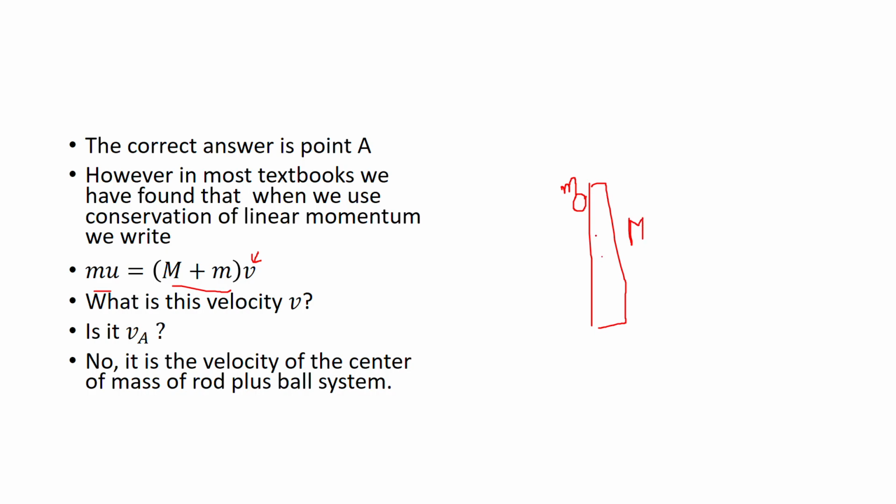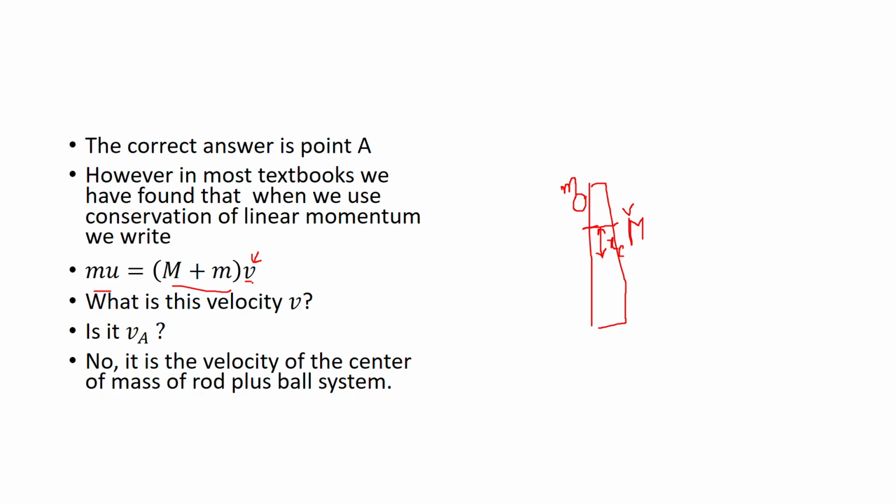The center of mass will shift somewhere here. We are denoting it as XC, the center of mass of the system. So the system will move with a velocity v, and this is the velocity of the center of mass.